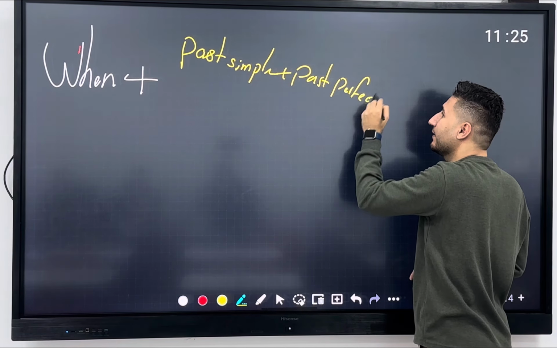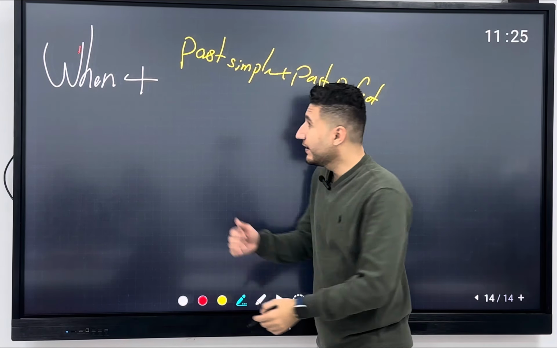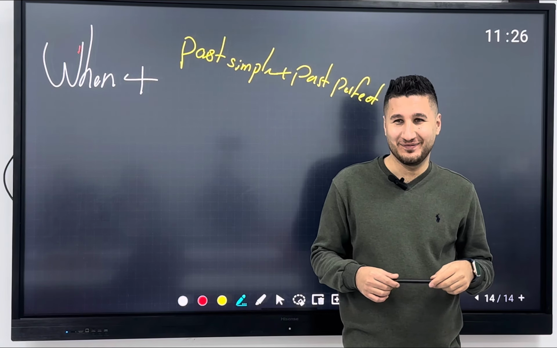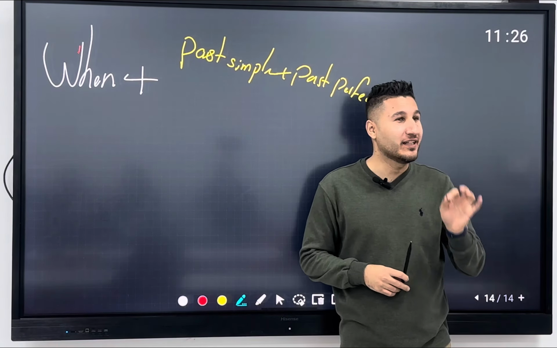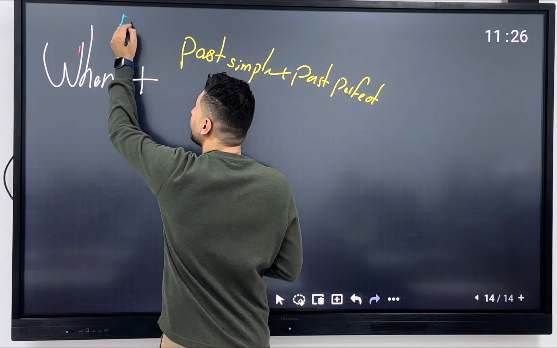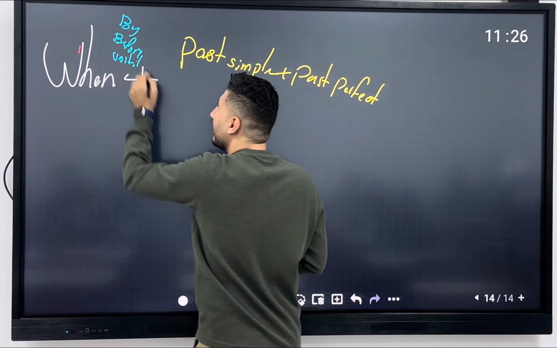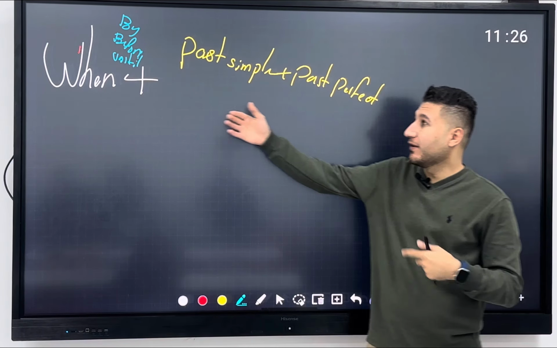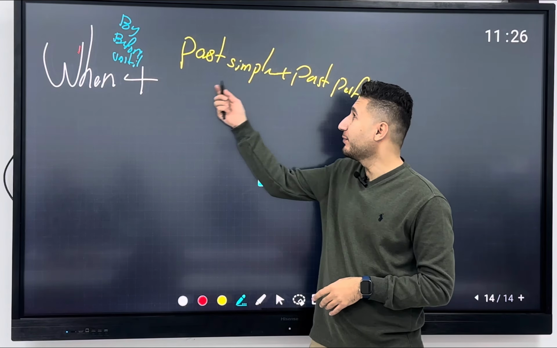In this case, when has the same rule as group 1. What was group 1? By, before, until. That's going to be easier. It's facilitating if you memorize in this way, right? We say when is equal to group 1, and in group 1 it's by, before, until, past simple, past perfect.